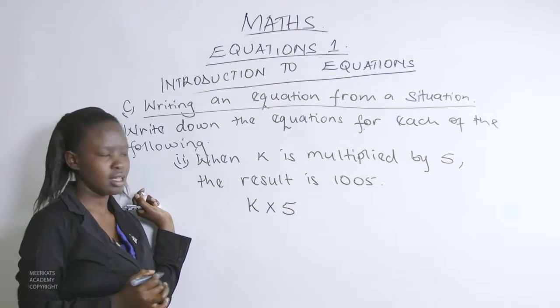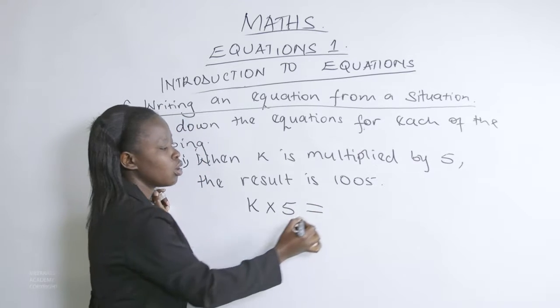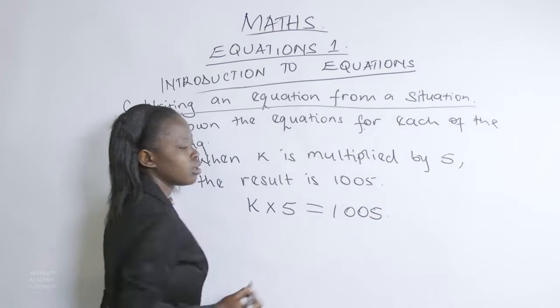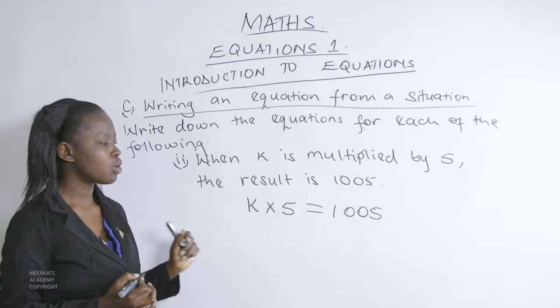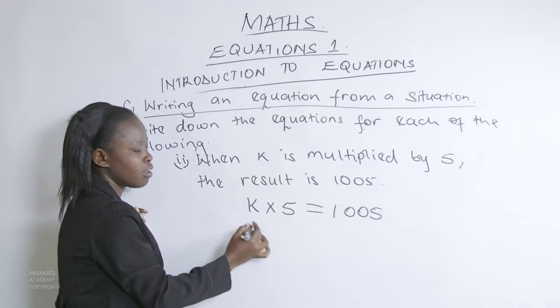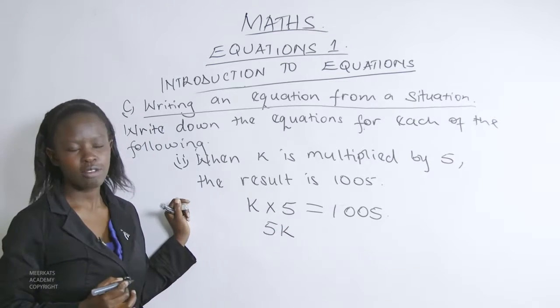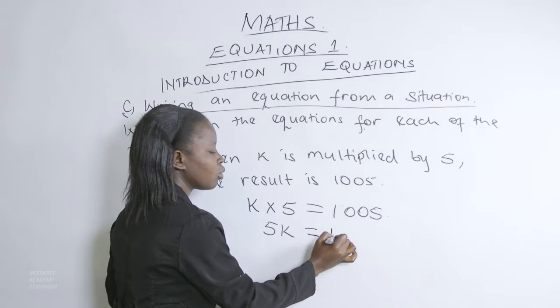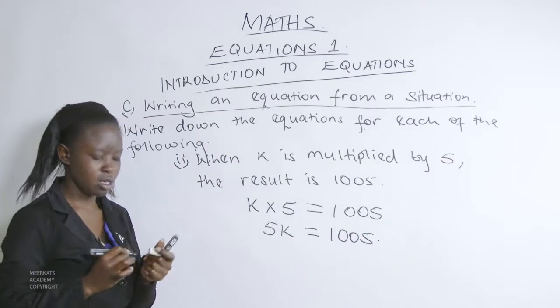The result is, it means that it is equal to 1005. This equation can be the same as 5k, because k times 5 is 5k. So 5k is equal to 1005. So that is the equation.